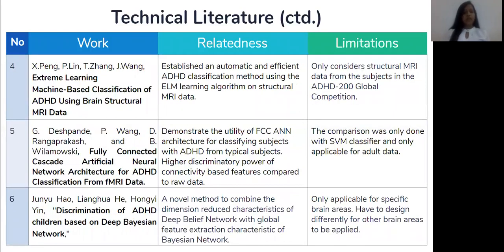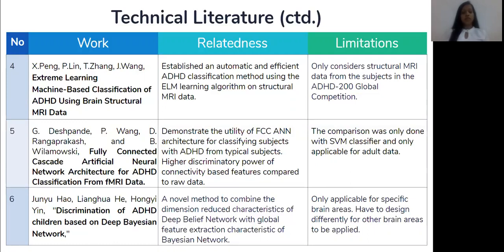In extreme learning machine based classification, they have established an automatic and efficient ADHD classification method using extreme learning machine. And there the limitation is they have only considered the structural MRI data in the study, which used the fully connected cascade artificial neural network architecture.